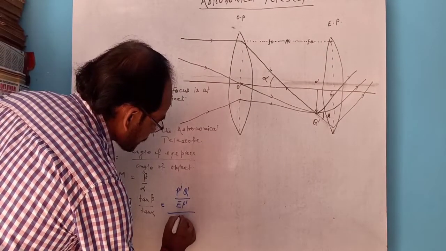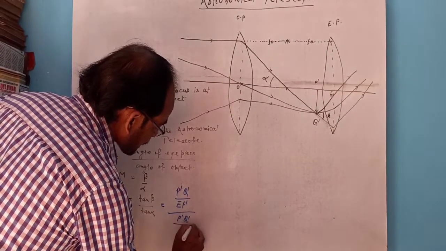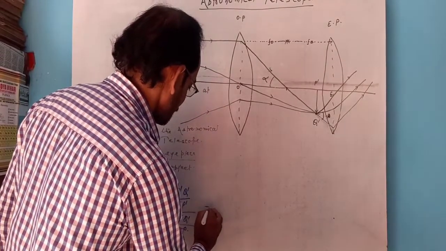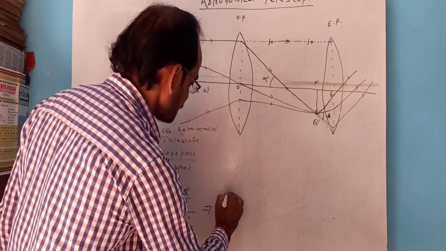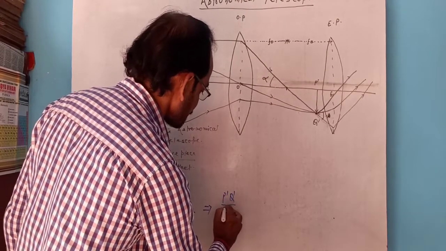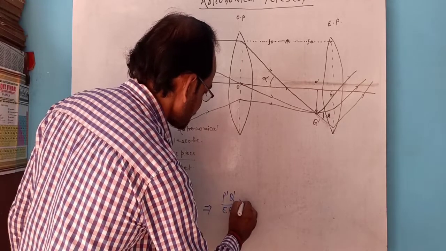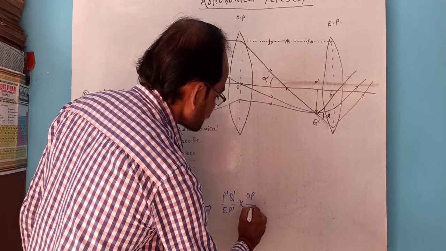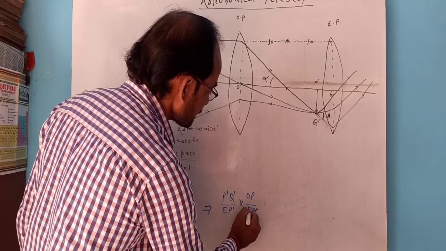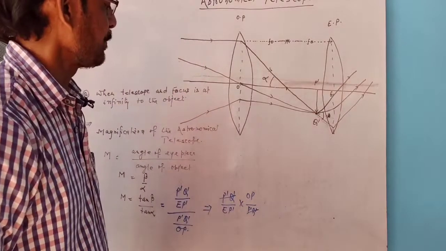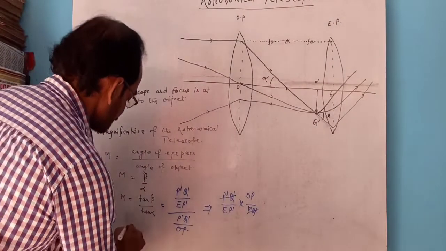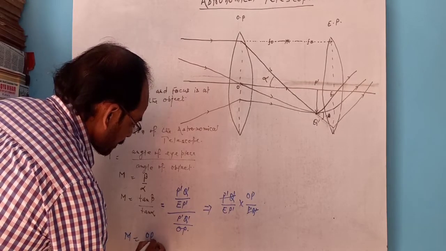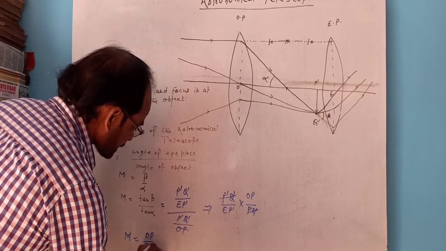So m equals P dash Q dash upon EP dash into OP upon P dash Q dash. These cancel, so m equals OP upon EP dash.